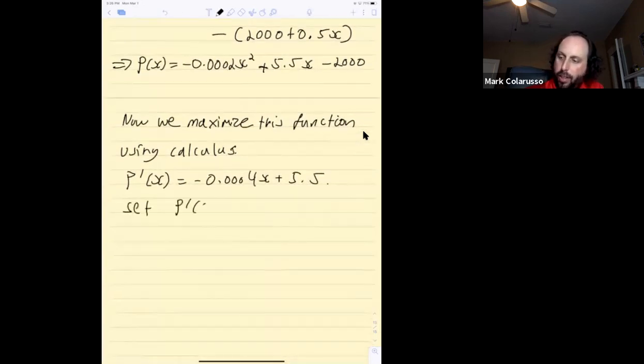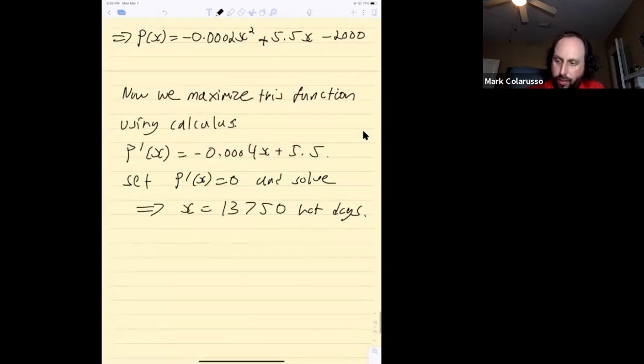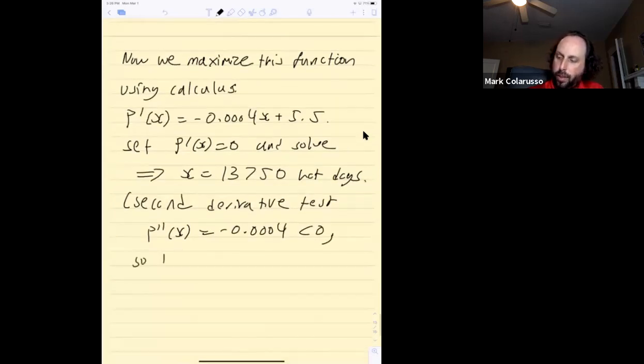Set P prime of X equal to 0 and solve. You should use a calculator to do this. You get X equals 13,750 hot dogs. You can use the second derivative test again, as before, to see that this is the maximum. P double prime of X is minus 0.0004, which is negative, so this is a maximum.